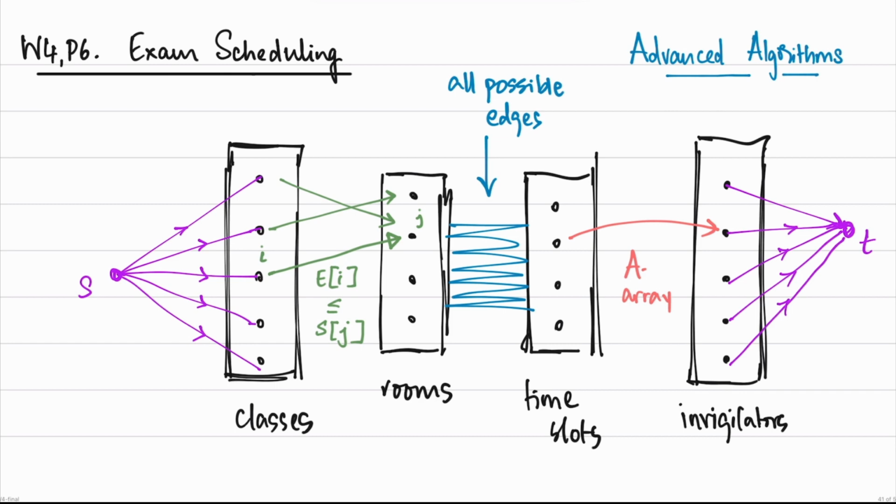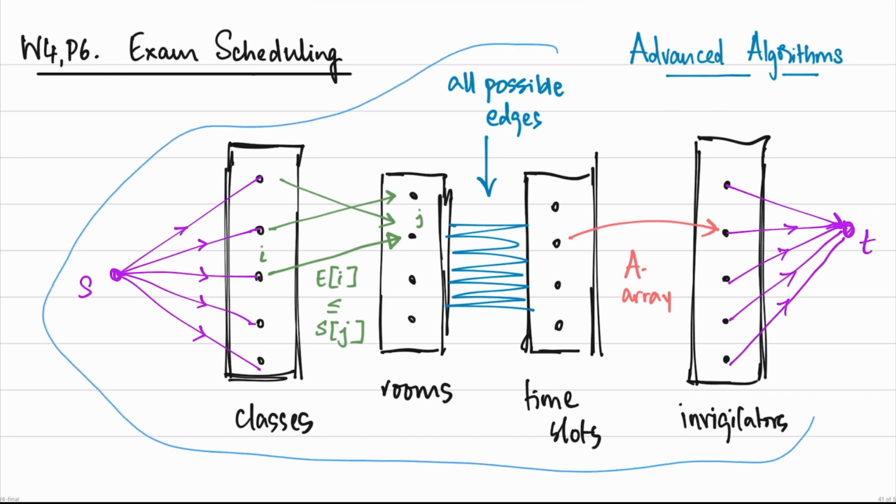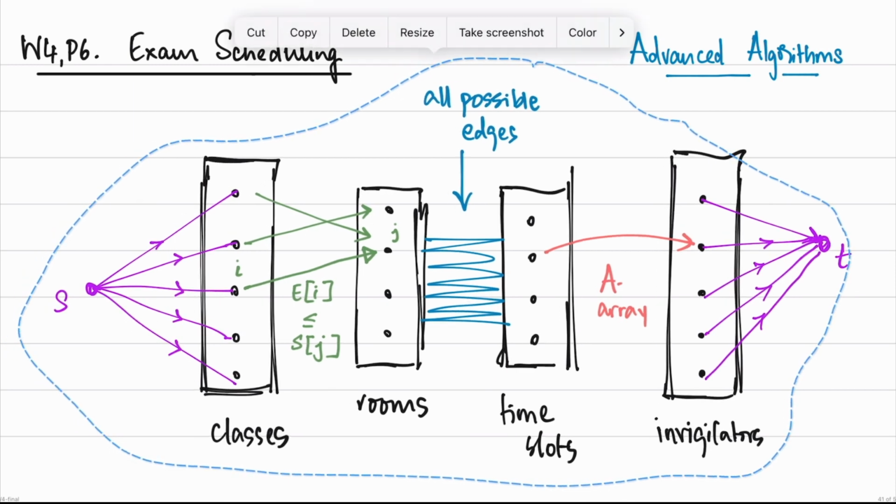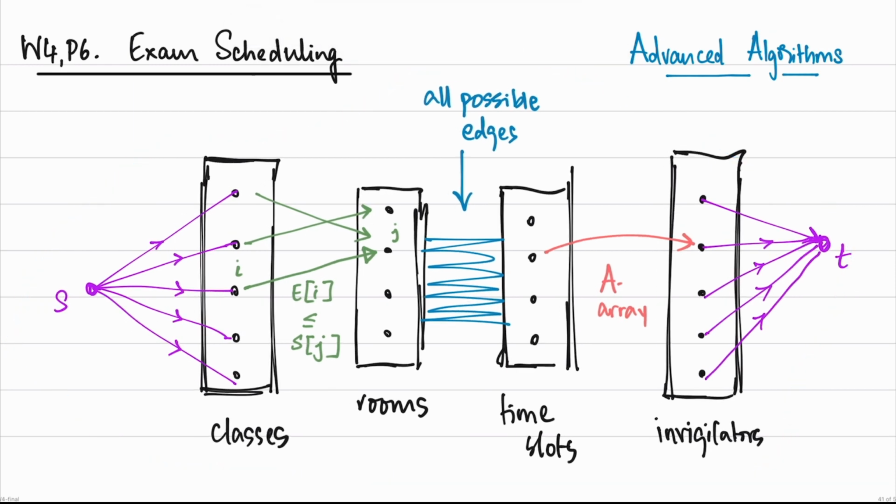Now let's go over the capacity constraints, and let me just shift this diagram a little bit to the left so it feels a little more centered. Right, so how do we want the capacities to be worked out? Well, this time let's go from left to right. So from the source to classes, we basically want every class to be scheduled, and that's going to be reflected, as we can anticipate, in the path flows that we are going to eventually get.